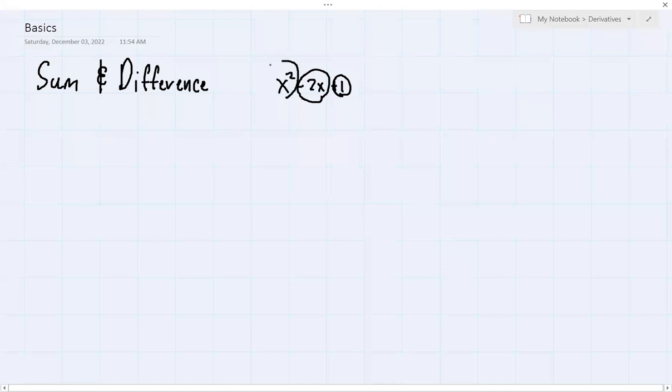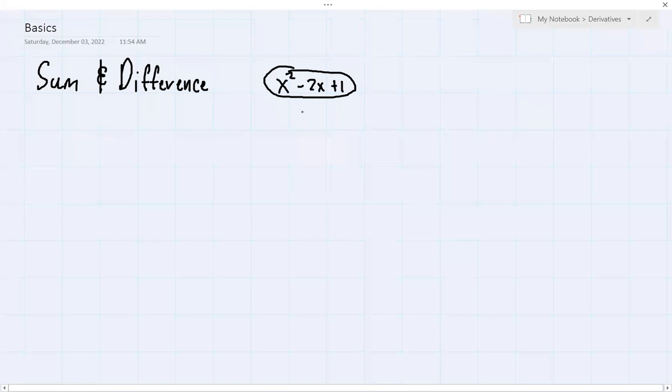Tapos, we know how to get the derivative of a term na variable siya, tapos meron siyang exponent. Ngayon, how are you going to get the derivative of all of them? Kumbaga by group na sila. So, how are you going to get the derivative of them?